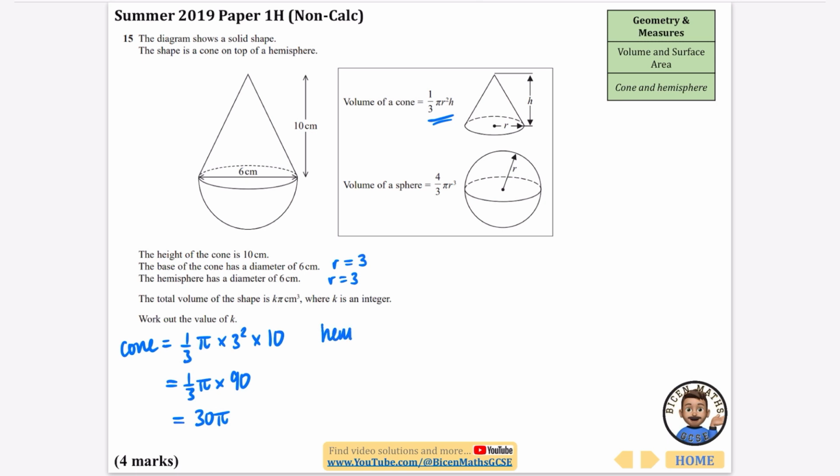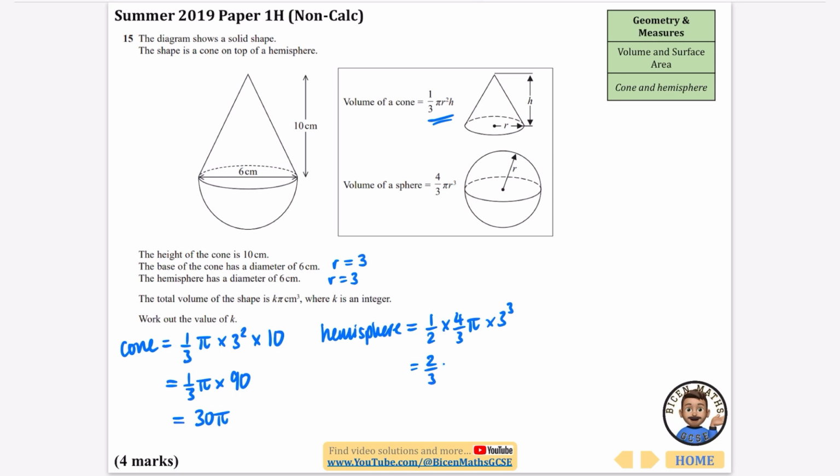Now we're going to do the hemisphere. Okay, for the hemisphere, we're going to take the formula for the volume of a sphere, and I'm going to half it. So I'm going to do a half of 4/3 pi r cubed. And the radius is 3 cubed. A half of 4/3, well, half of that is 2/3, or you can do 4 times 1 divided by 2 times 3, and 4 over 6 is 2/3.